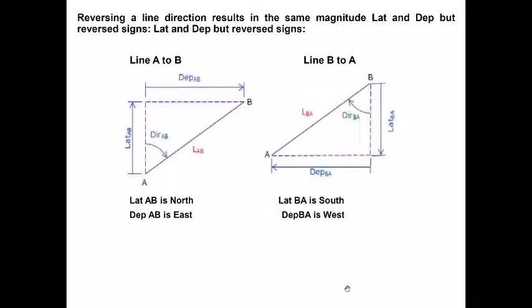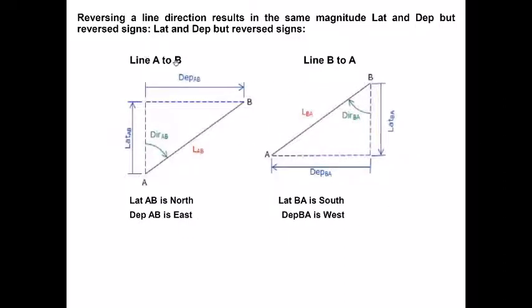So two more examples. The line AB lies in the northeast. So latitude AB is north and departure AB is east. But like I discussed before, it all depends on your direction of survey. If you have a closed survey, you can either go in this direction or you can go in the reverse.